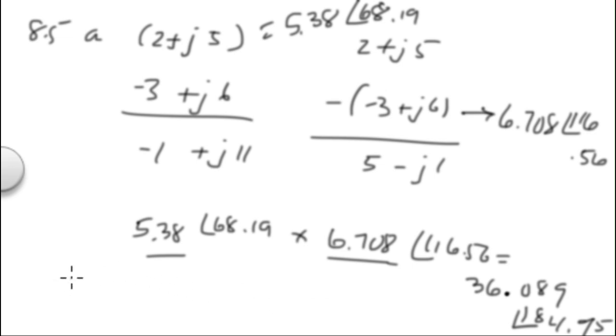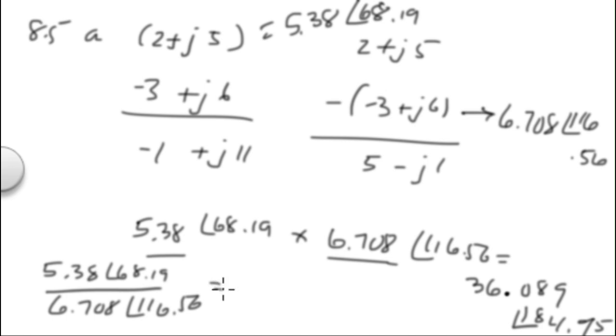The division is 5.38 at angle 68.19 over 6.708 at angle 116.56. So this one is 5.38 divided by 6.708, or 0.802, at angle 68.19 minus 116.56, or minus 48.37.